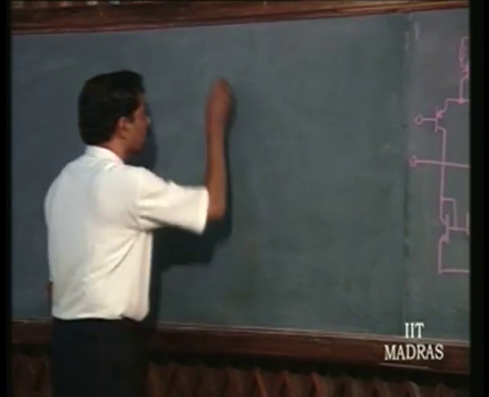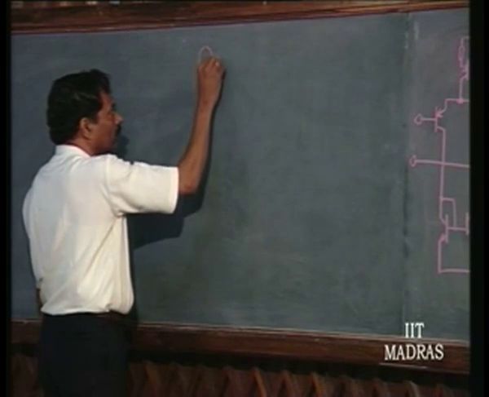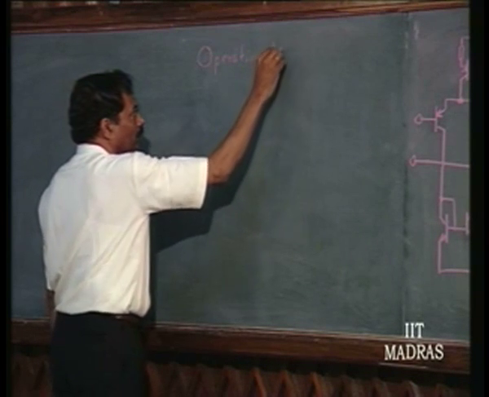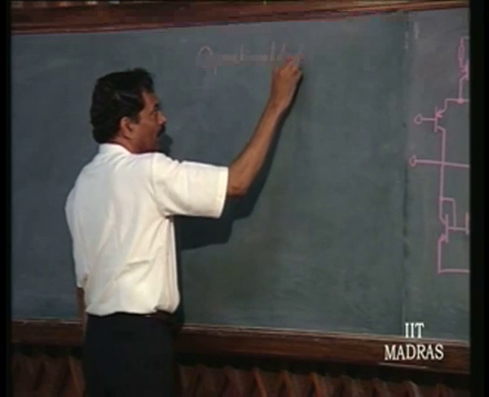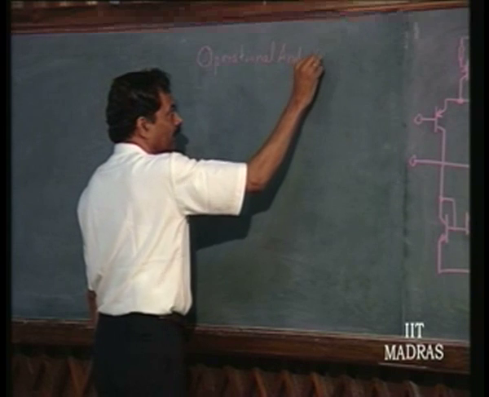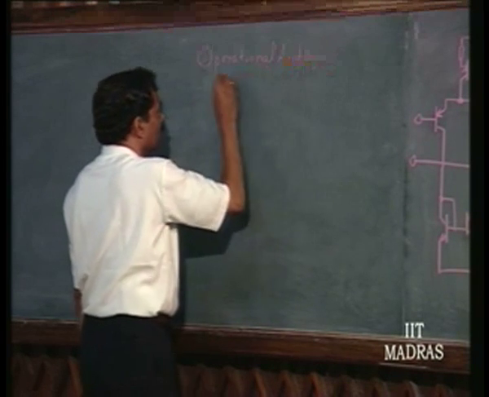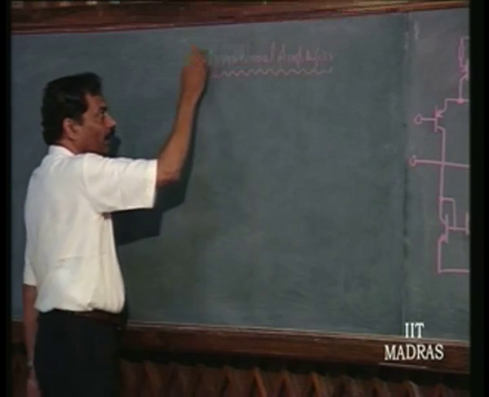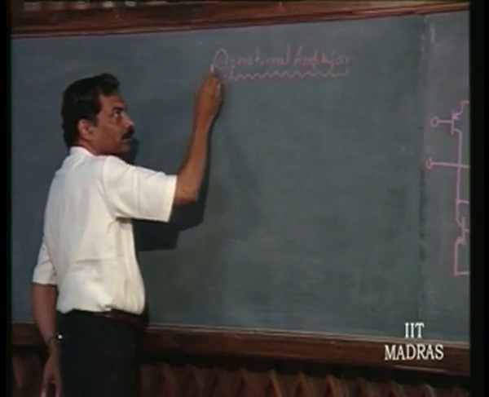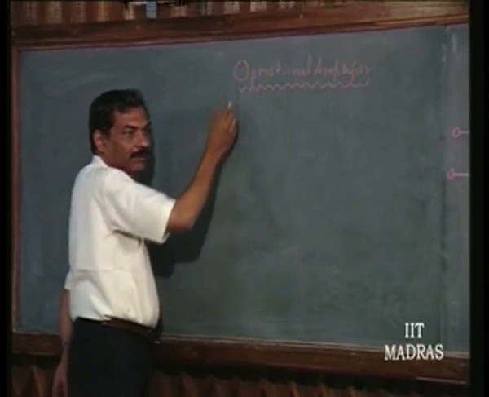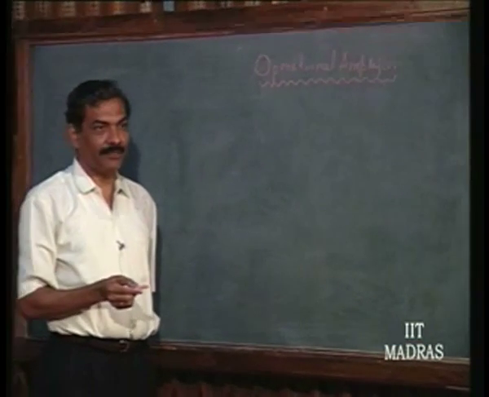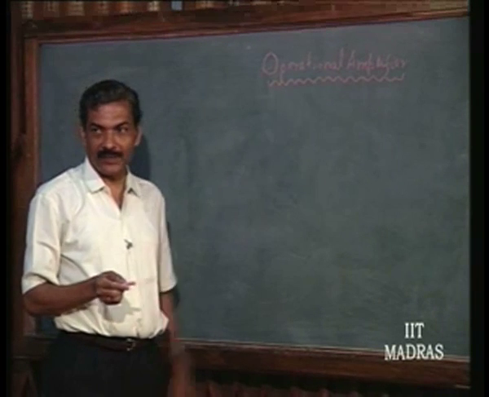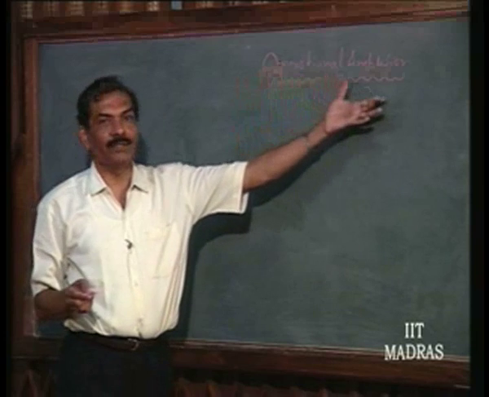Operational amplifier, as the name itself implies, is used for what? Operational purposes. The operations that we mean here are the mathematical operations. That is why it got the name operational amplifier.